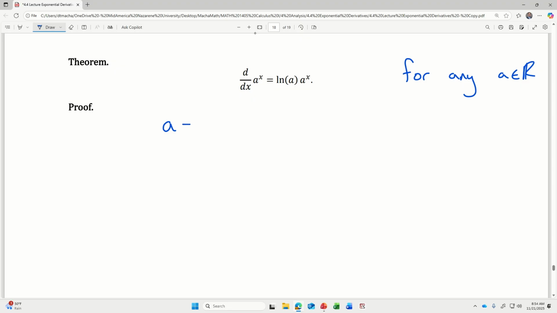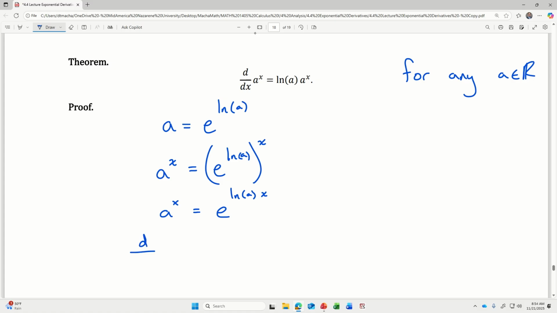I'm going to say that a is e to the power natural log of a, so that a to the x is e to the power natural log of a raised to the power x, so that a to the power x is e to the power natural log of a times x.